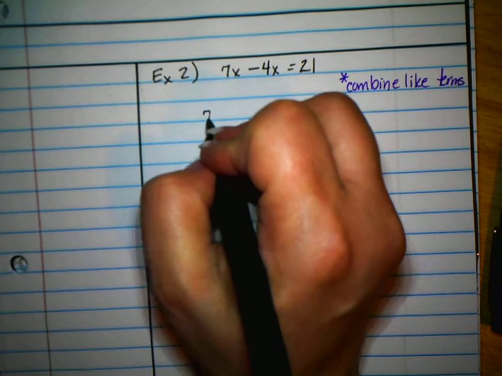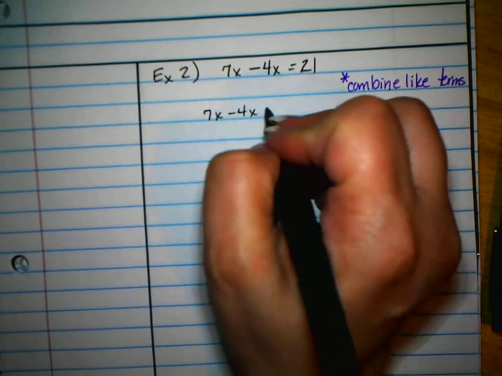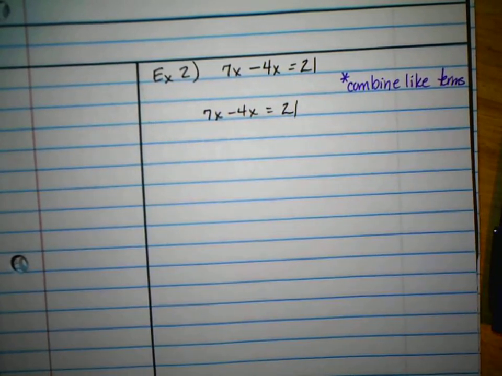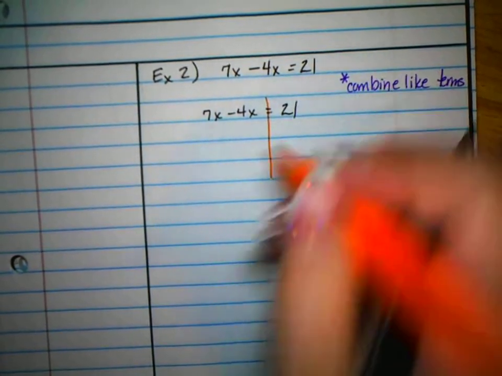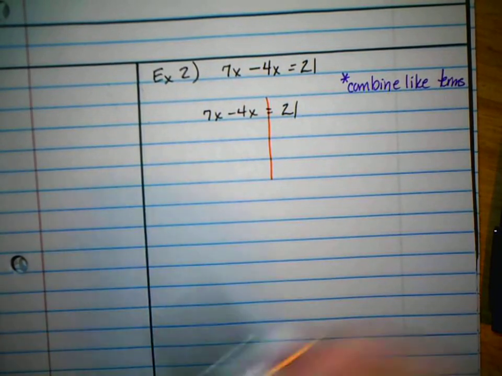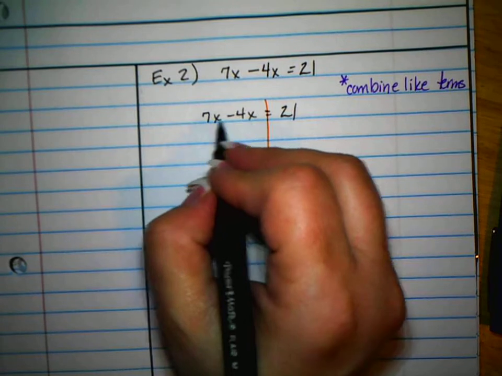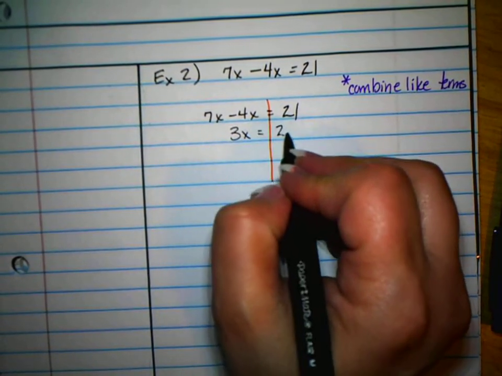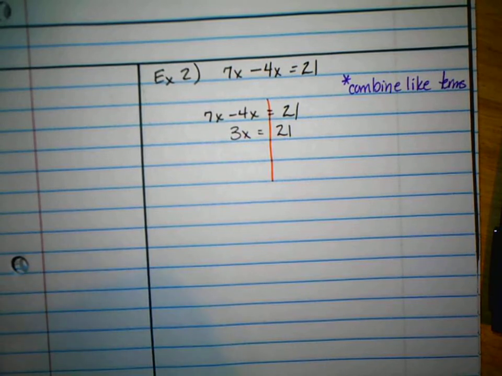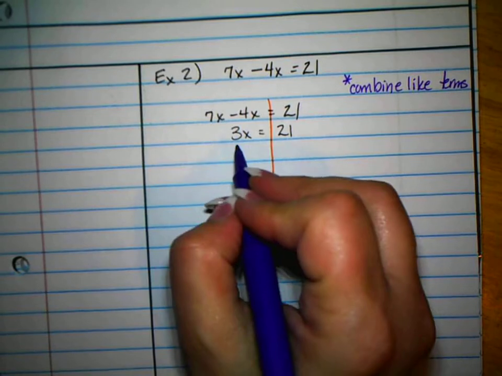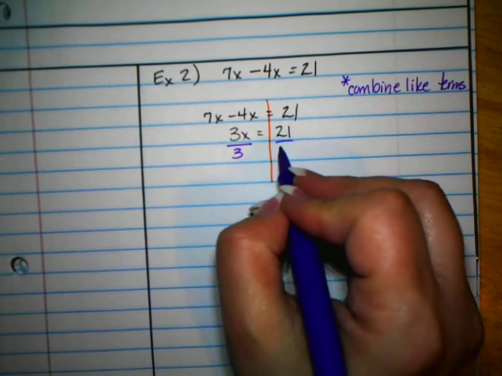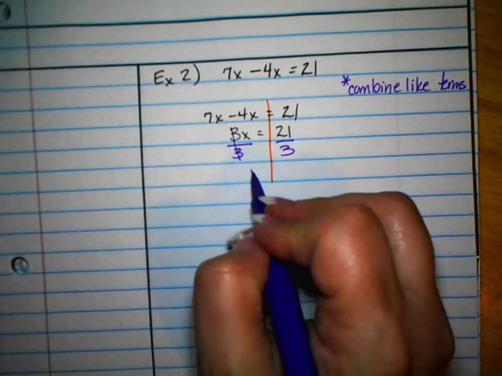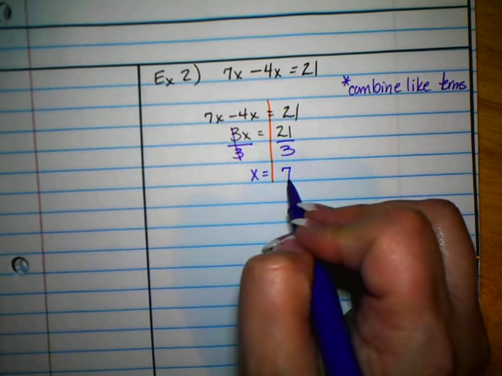So I have to build my wall. This just helps keep the right side from the left side. 7x minus 4x, 7 minus 4 is 3. Okay. What I am doing there is multiplying, so I need to divide to undo. Leaves me with x equals 7.